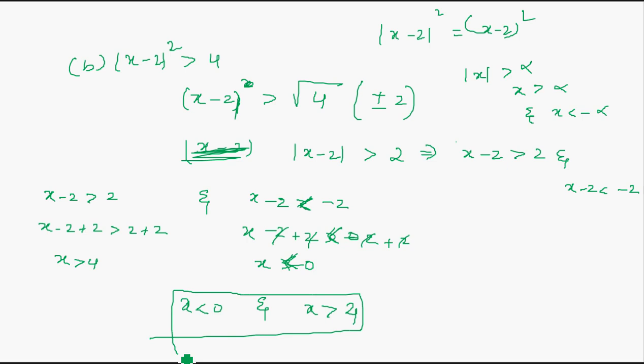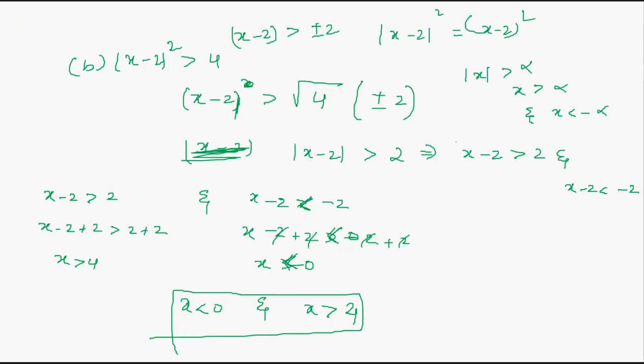The only tricky part here is that you can't write x minus 2 is greater than plus or minus 2. You can't do this because this is a square term and we don't know the value of x. So the best way to solve is to take the modulus of x minus 2, so the inequality is greater than 2, and you know how to solve that inequality, right?